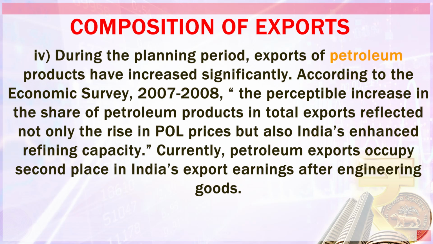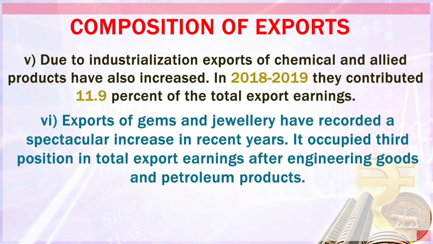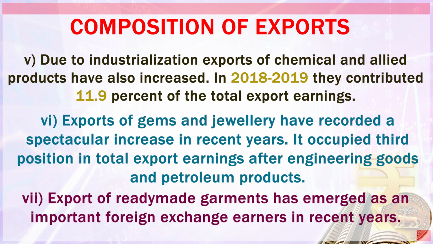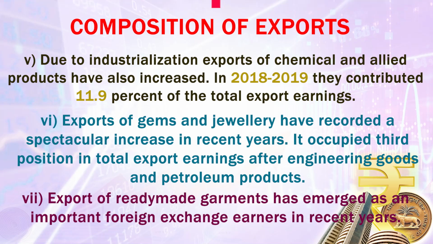And the reason implies that the refining capacity of India has increased very recently. And the third important commodity for export is gems and jewelry, that means Indian gems and jewelry.